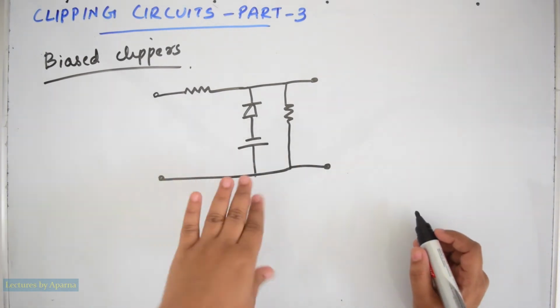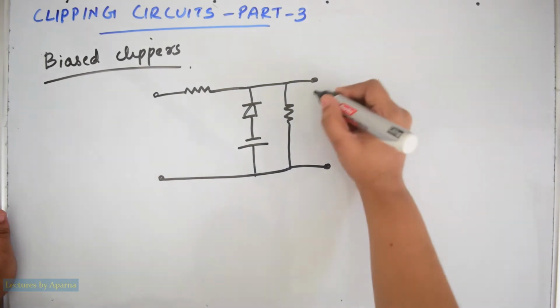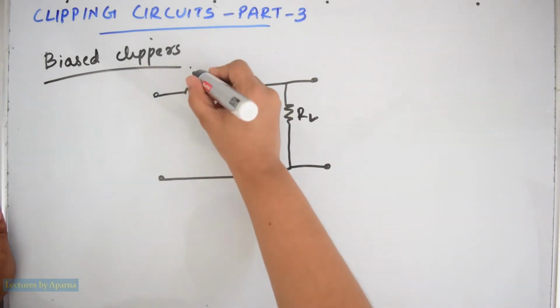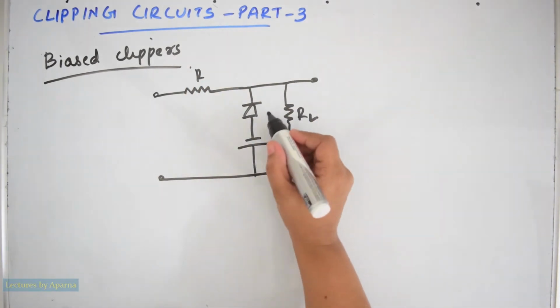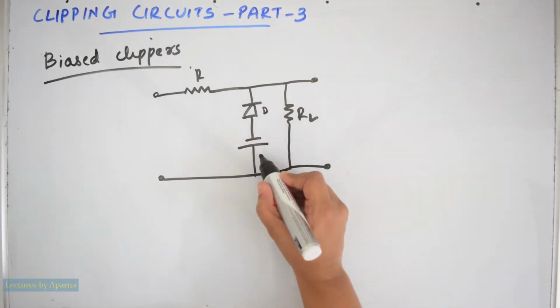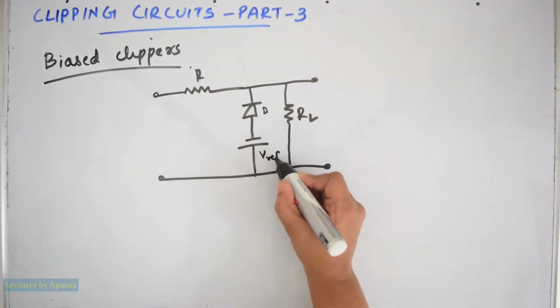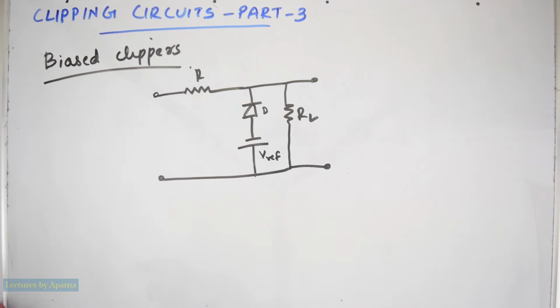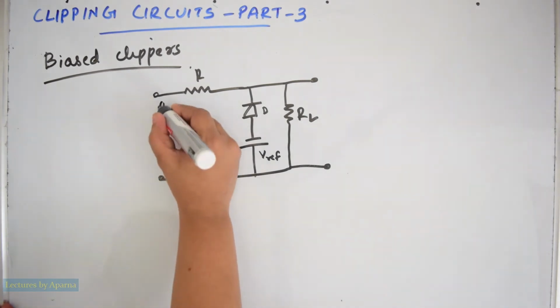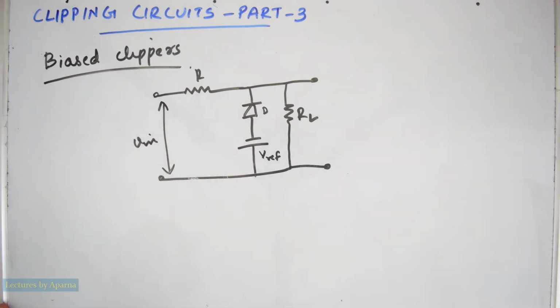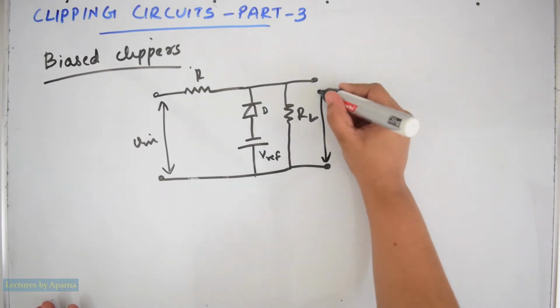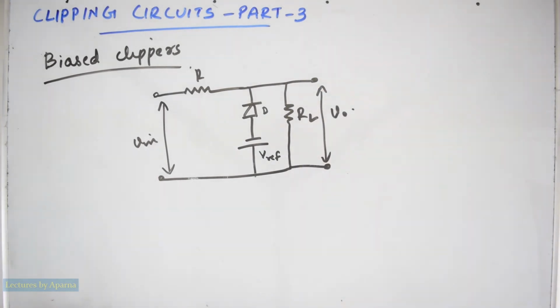So let's see what this does to the input signal. So this is the load resistance RL, R, diode D, and let this voltage be a reference voltage V reference. There is input voltage here V in and output voltage V0 here.